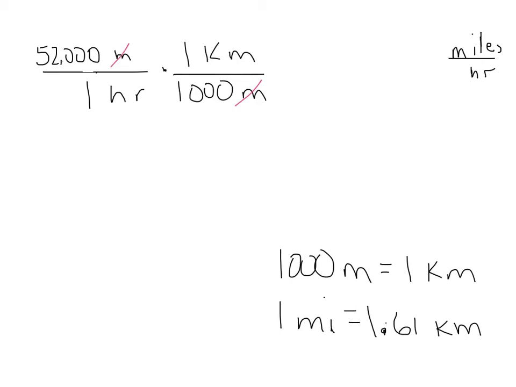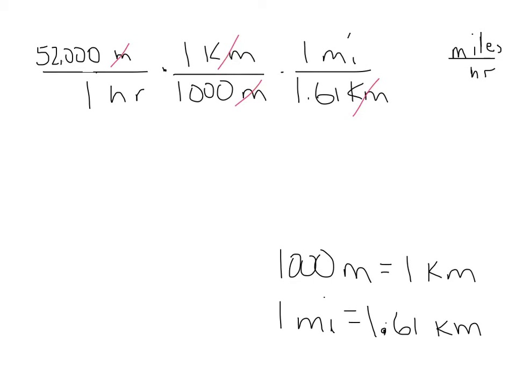And now to arrive at miles per hour, we use the conversion 1 mile, and we put miles on top because we want 1.61 kilometers on the bottom, so that we can cancel the kilometers, leaving us, if we look at our units, in miles per hour. Notice, of course, that miles are abbreviated with MI, not to be confused with M for meters.